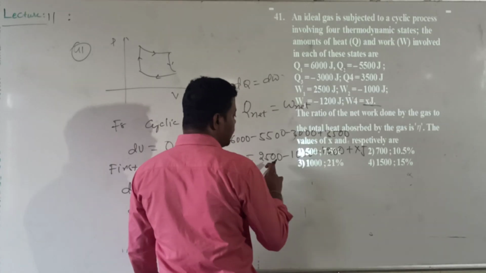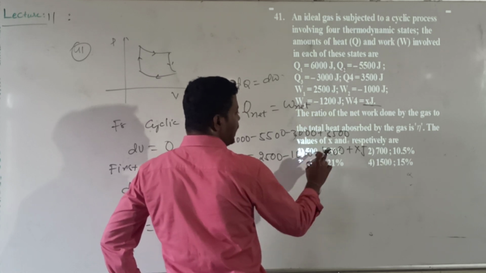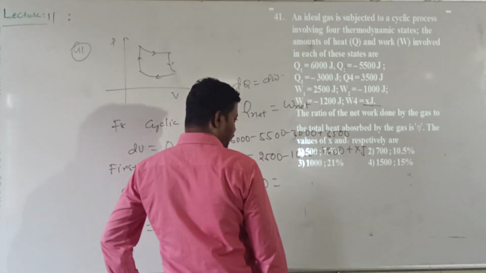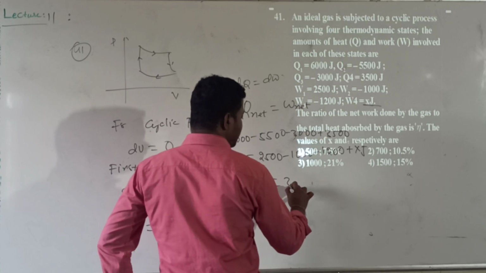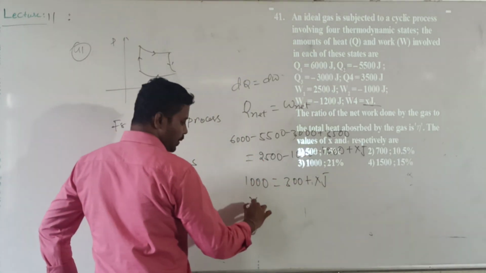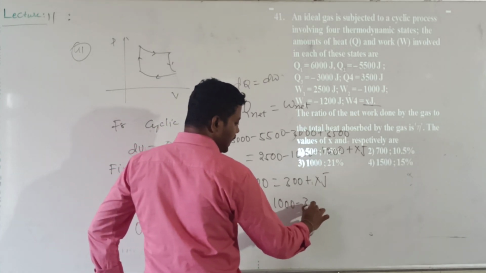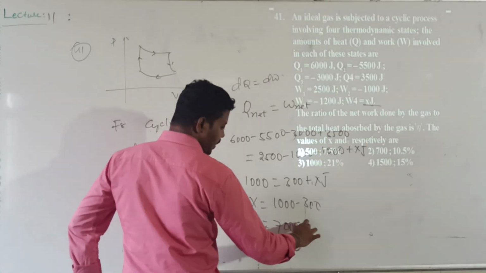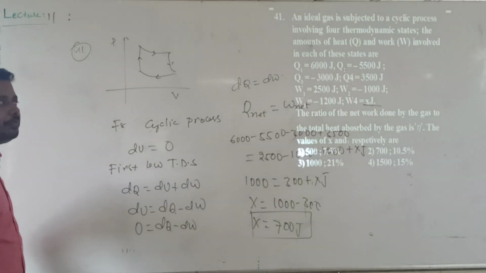The right side: 2500 minus 1000 is 1500, and 1500 minus 1200 is 300 plus x into G. So what is the x value? X is equal to 1000 minus 300. The value of x is 700.